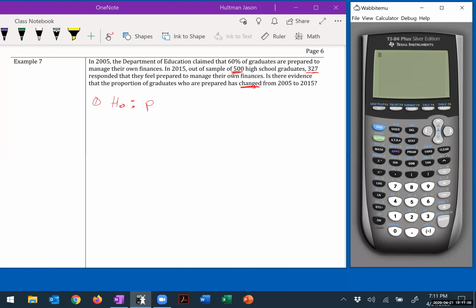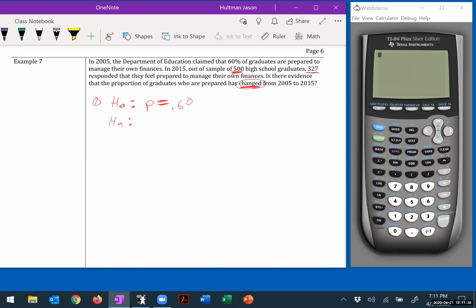And what is it claiming? It's claiming that in 2005, the proportion was 60%, 0.60. What's the alternative? What's H sub A? The alternative is that it has changed.